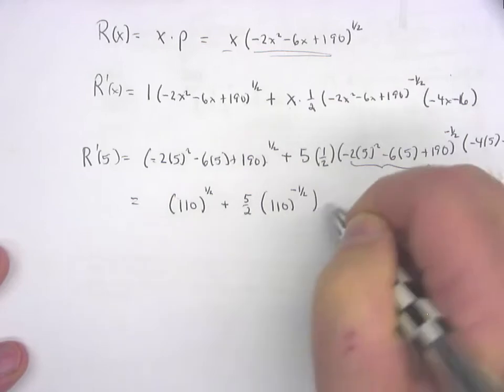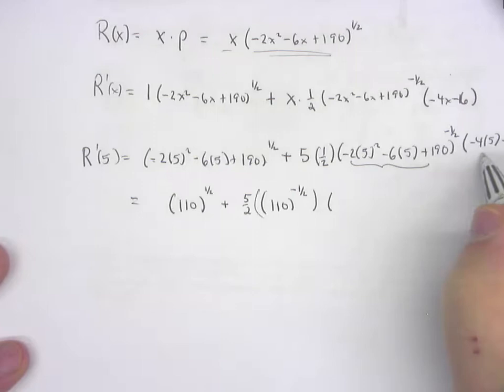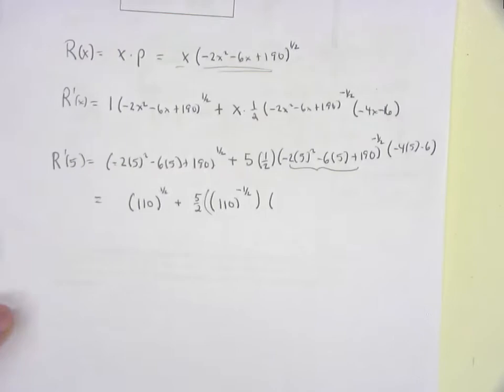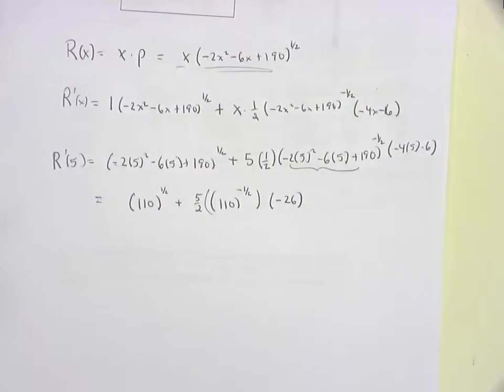And then I got to do times this part here. Negative 4 times 5, slide over, you guys can see this. Negative 4 times 5 is what? Negative 20 minus 6 is negative 26. So that's what I'm going to stick on my calculator now.